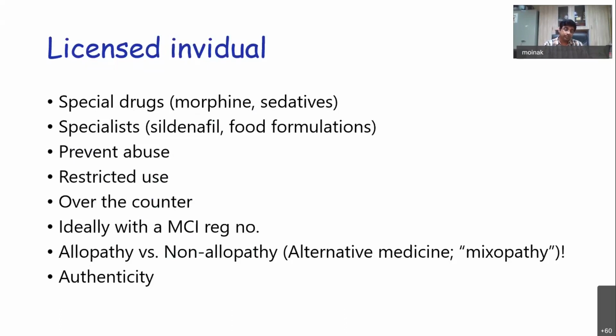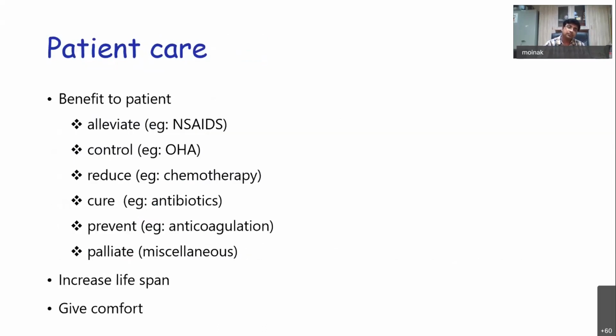This is to prevent abuse and restrict the use. We should always try and see that it's not over the counter. And now with all this mixopathy that is going on, that is allopathy and non-allopathy, you must be hearing a lot about that in the news. This problem of licensed individual has become a very major issue. And with this mixopathy, when the patient comes to you, you tend to doubt the authenticity of the prescription.